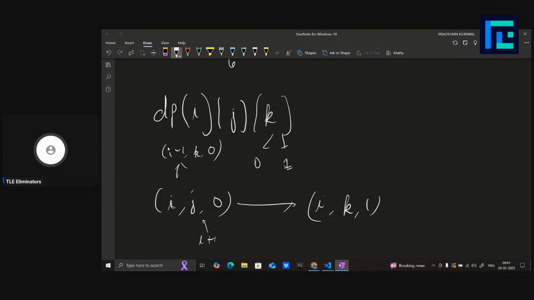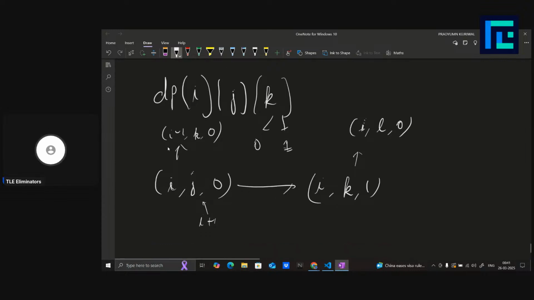And from i comma k comma 1, I can transition to some i comma l comma 0. For each DP, I'll just store how many paths are possible. I hope it is clear till now what my state is: the position, and also whether or not I have already moved in the current row.